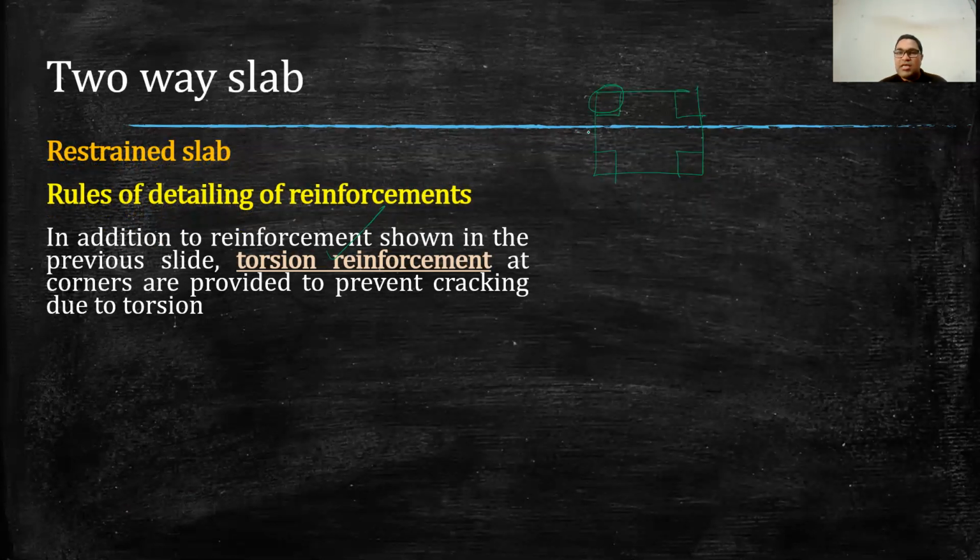For example, if this edge and this edge are discontinuous, in that case, this corner will be containing two discontinuous edges. Similarly, if this edge is continuous and this edge is discontinuous, in that case, this corner will be contained with one continuous edge and one discontinuous edge. So based on this condition, we provide torsional reinforcement.